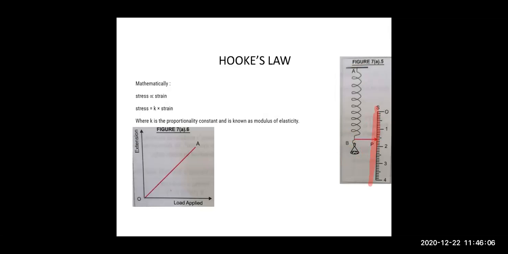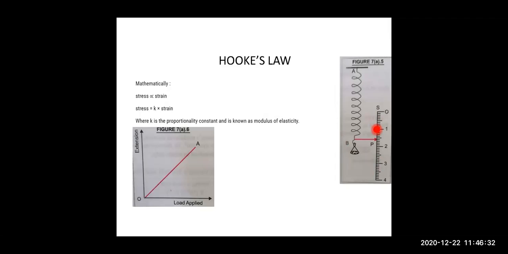It can slide over this vertical linear scale. Now what we are going to do is put some weight in the pan, and record the reading of the pointer on the scale.